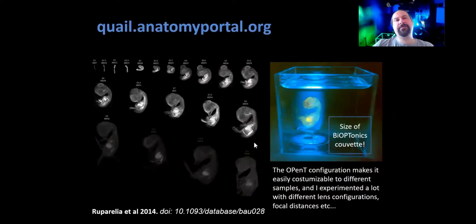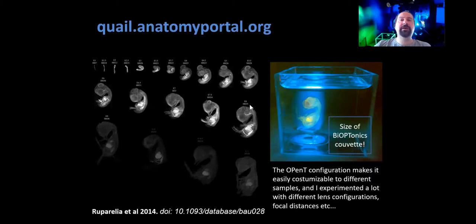In fact, the extent of where we could go was put to the test when a colleague from Australia called us and said, we have this Bioptonics scanner that cannot scan the whole series of quail embryos, and we would like to do an anatomy database that includes images from all of the stages, not just the very early stages, but all the way up to full development, which is about 16 to 17 days.